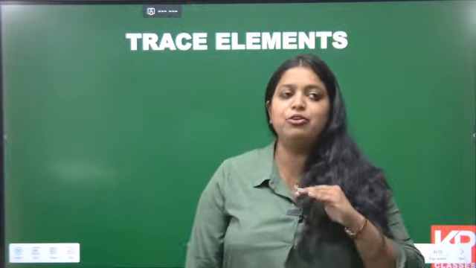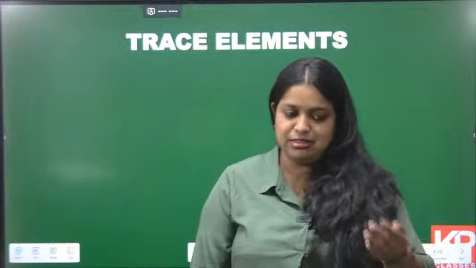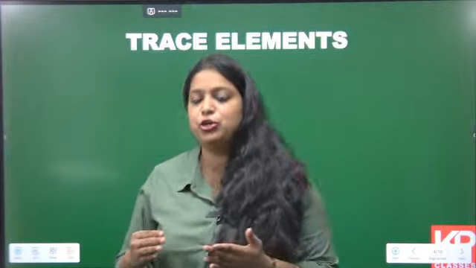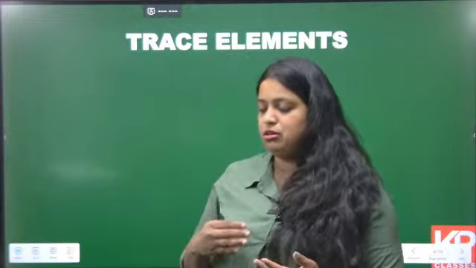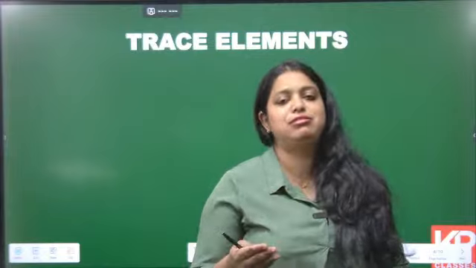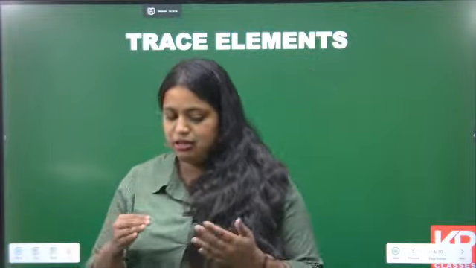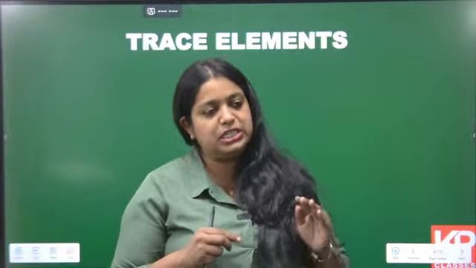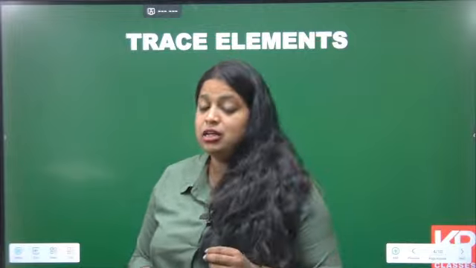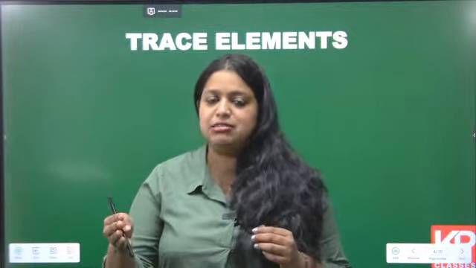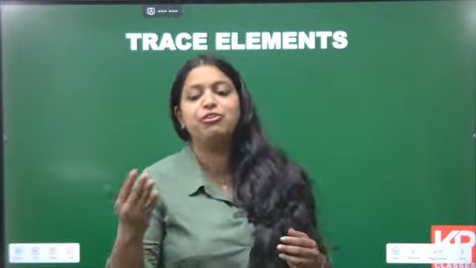So the usual way of a trace element getting crystallized is that it has some affinity towards a particular element. For example, in camouflage substitution, a particular trace element's ionic charge and radius are similar to another major element in a mineral. So what will the trace element do? Since the radius and charge are the same, it will undergo camouflage substitution.